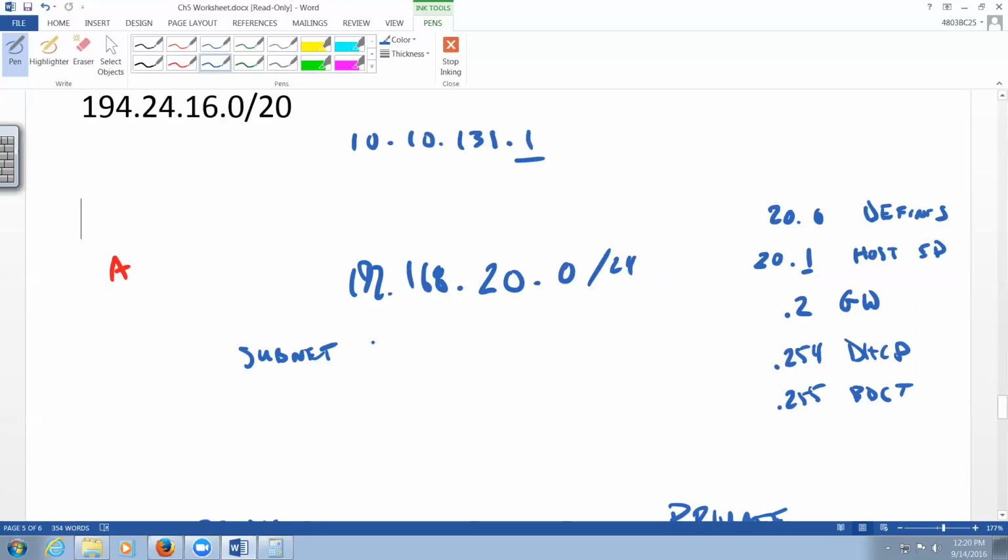So subnet this out to 4 networks. Subnet out to 4 subnets, I should say.